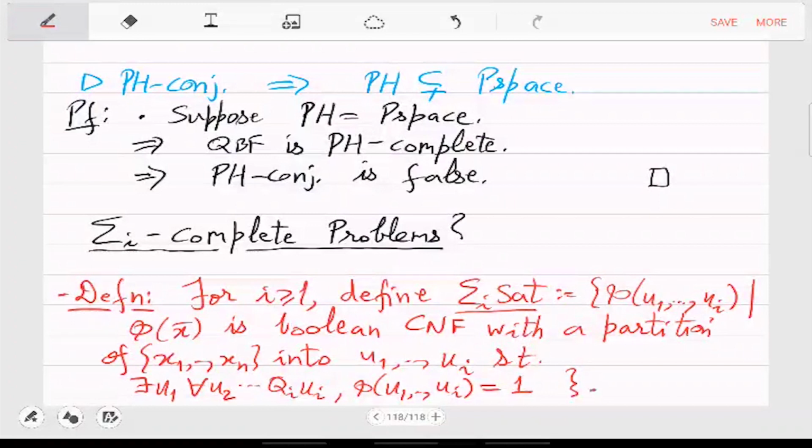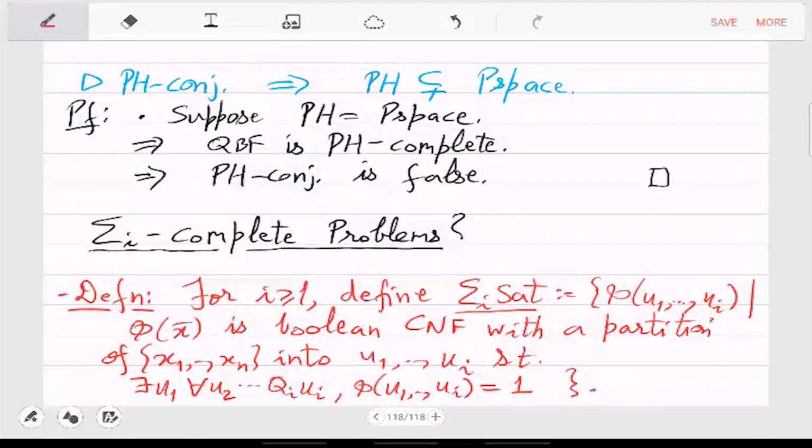It's the collection of those yes instances, which are Boolean CNFs like SAT, except now there are quantifiers on all the variables. So a collection of variables which we are calling U1, there exists quantification. Then another collection of variables U2, obviously disjoint from U1, with for all quantification, and so on.